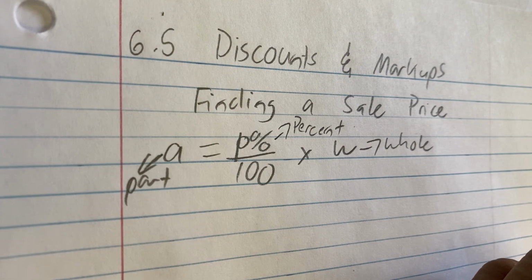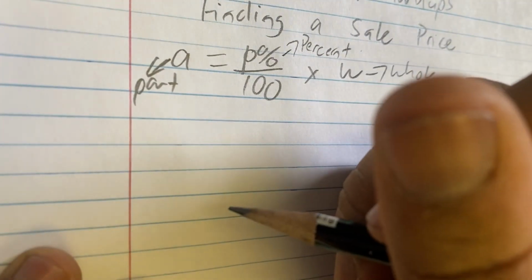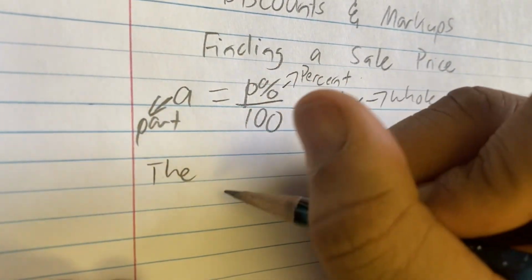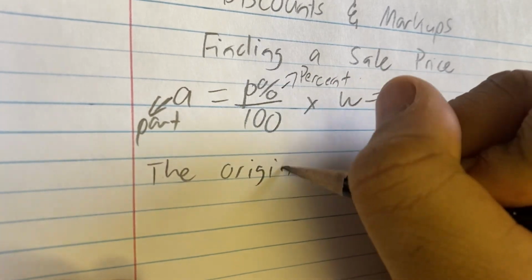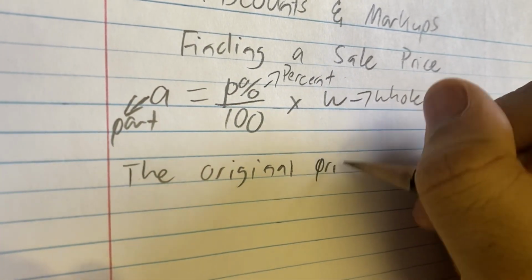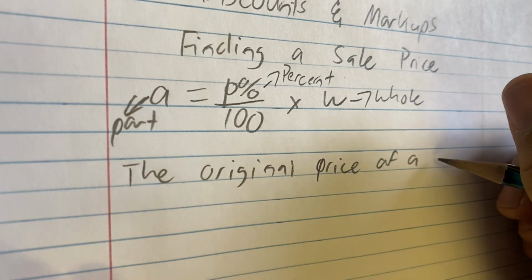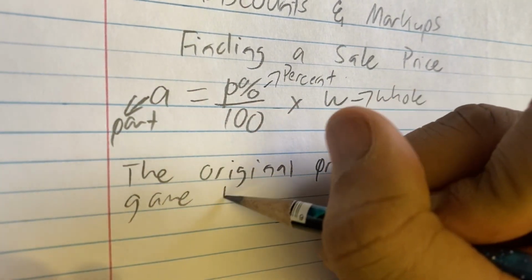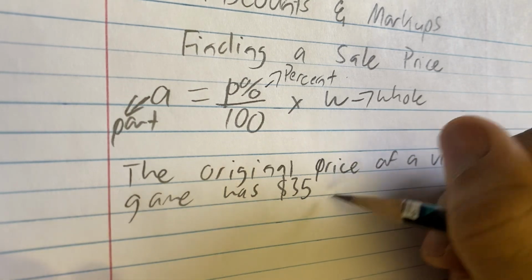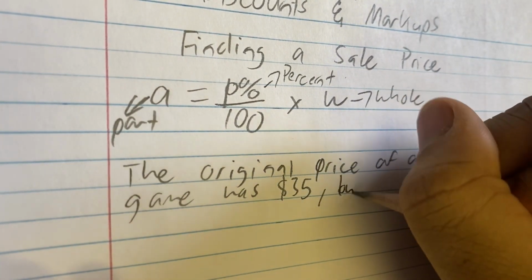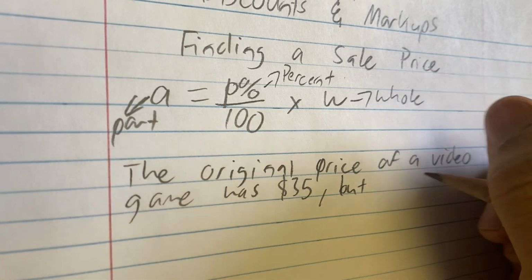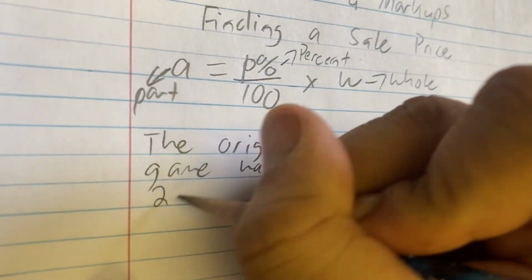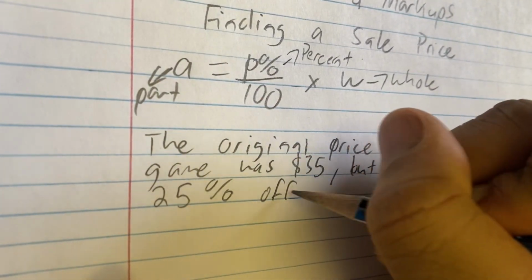So let's apply this to an equation. Say the original price of a video game was $35, but today it is 25% off.